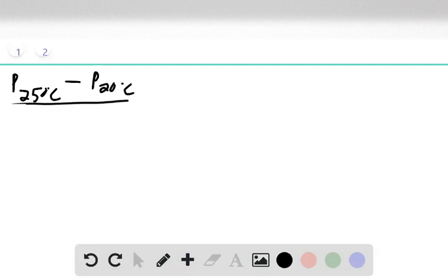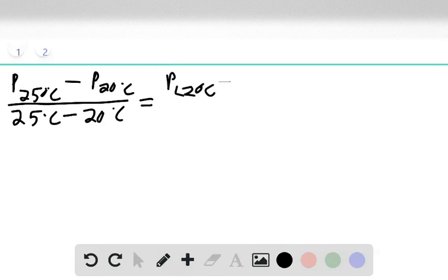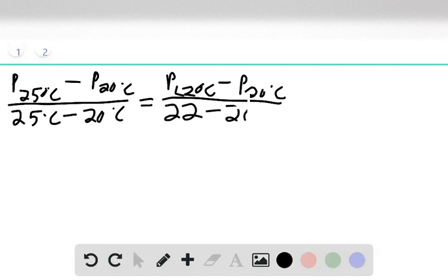Linear interpolation is where you find a value by using values that you already have. 25 degrees minus 20 degrees equals P22, which is what we're looking for, minus P20. So 22 minus 20 degrees C.